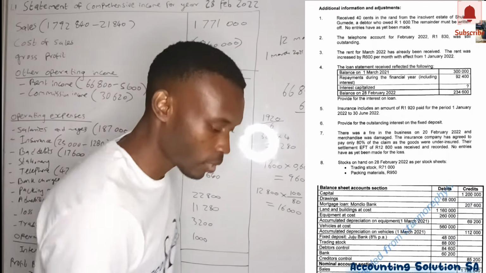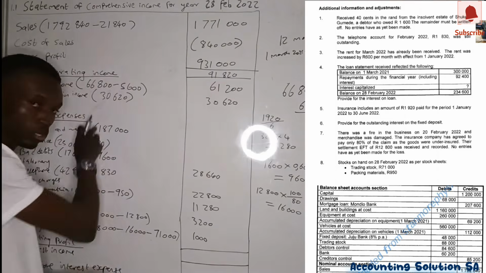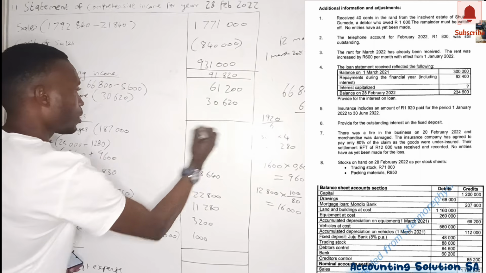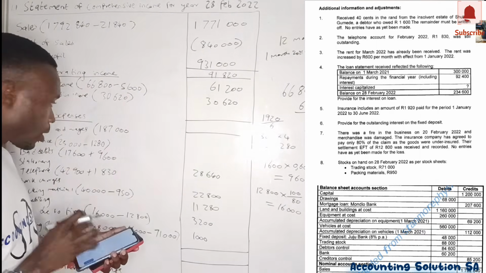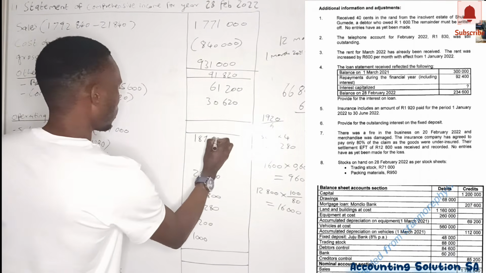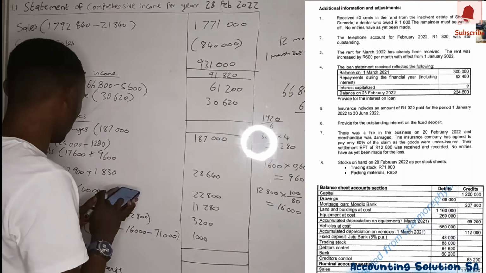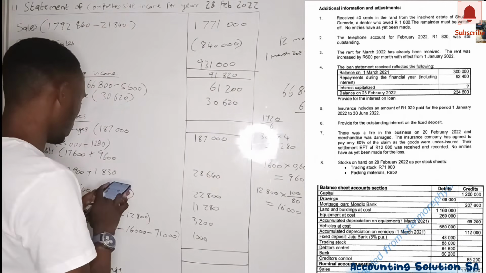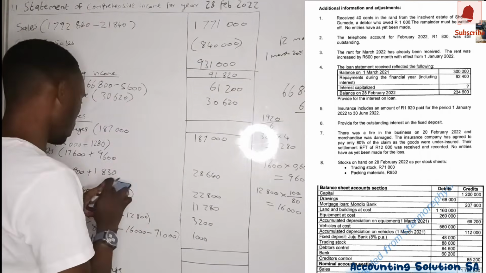Very simple, guys. But now before we proceed, we have to make sure that we calculate the total of this balance so that we can get operating expenses. Then after that, we calculate our operating profit. So the salary amount is going to remain as 187,000, and insurance is going to be 25,000 minus 1,280.